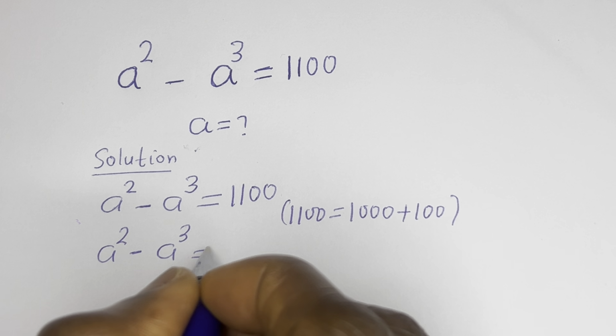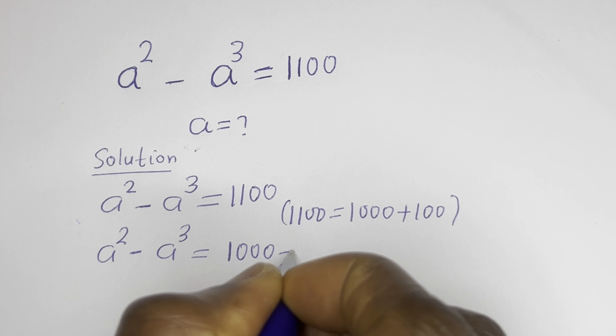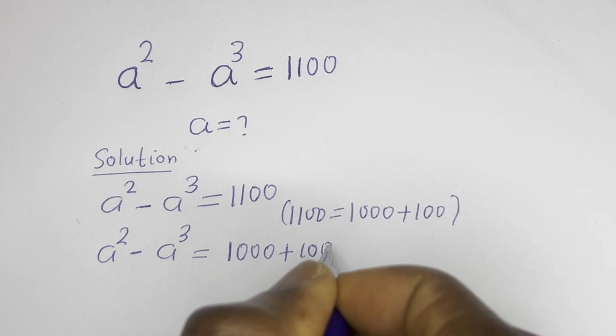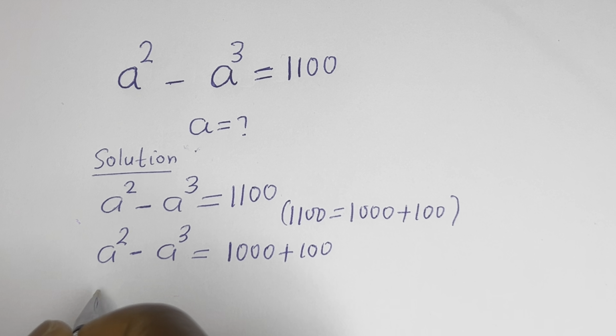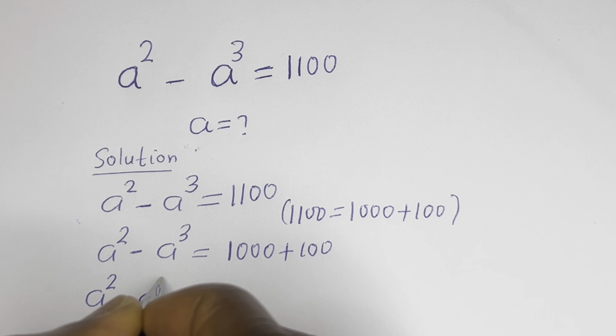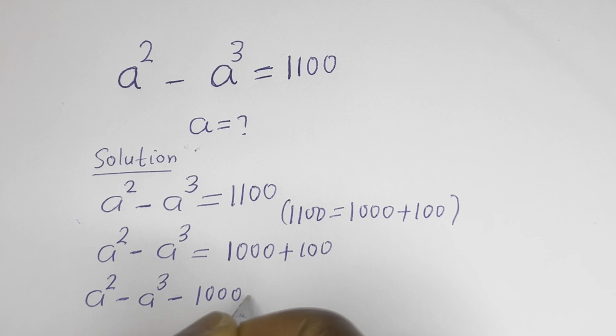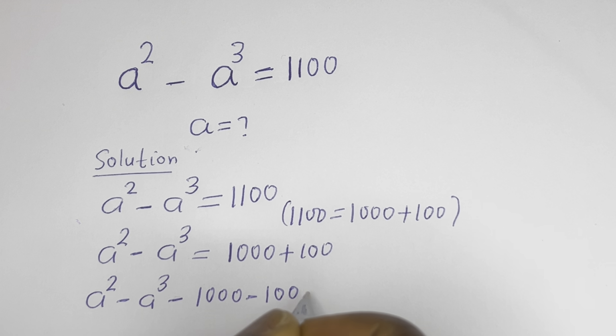So we have a squared minus a to the power of 3 minus 1000 minus 100 is equal to 0.